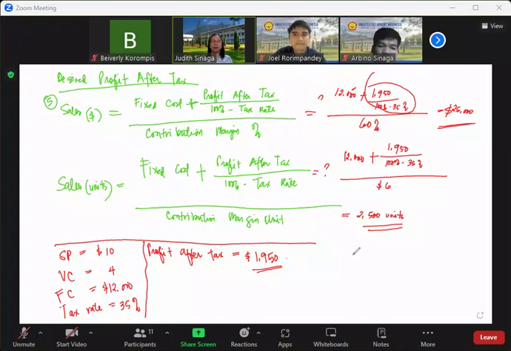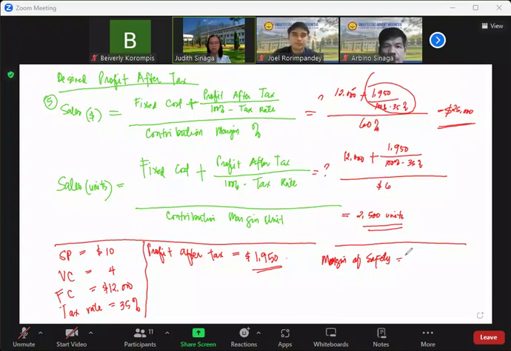Supaya aman, ada bahasa kita di sini yang disebut margin of safety. Margin of safety, kenapa kita butuh margin of safety? Safety, jangan kita pas-pasan saja.